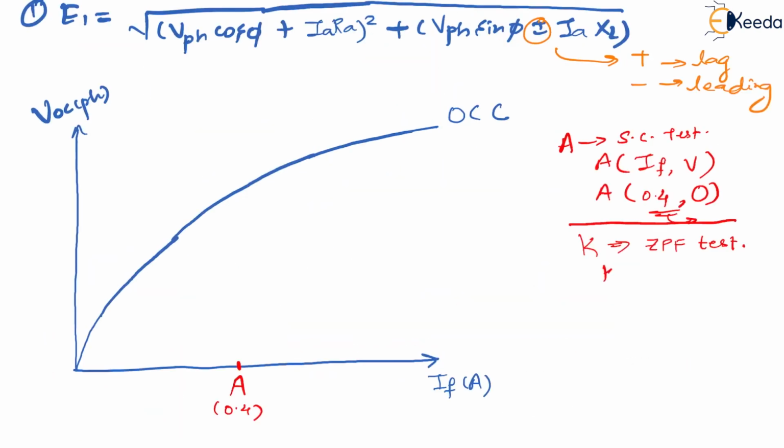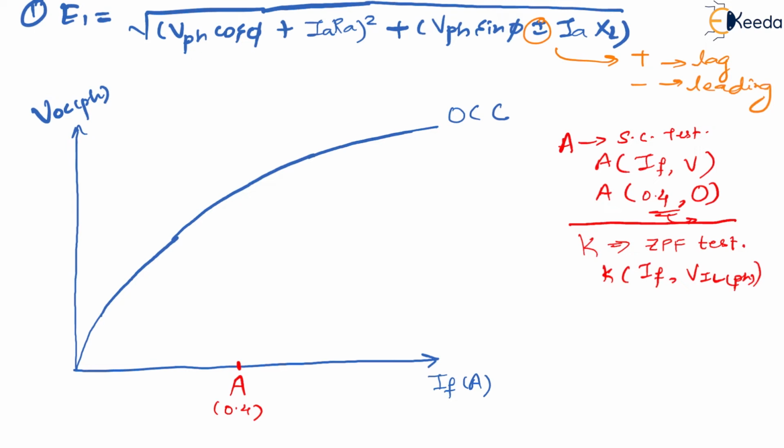So point K coordinates will be IF and VL phase value. Always remember, we need all the values in phase value, because even if you take one value as line, everything will go wrong. Either you take everything in line or everything in phase, but don't take one value as line and another as phase.